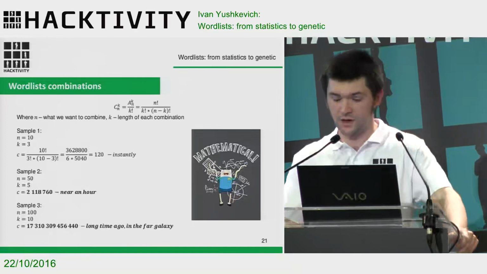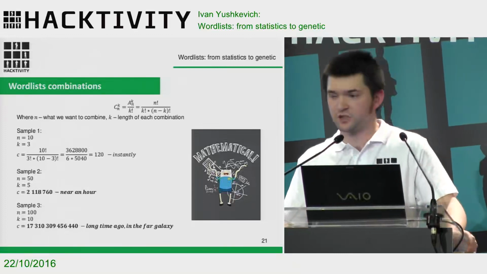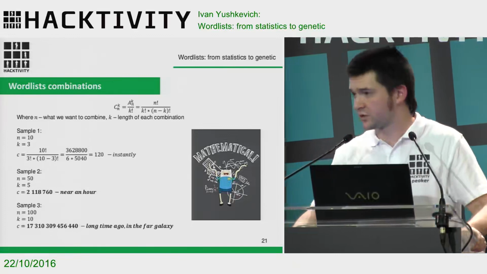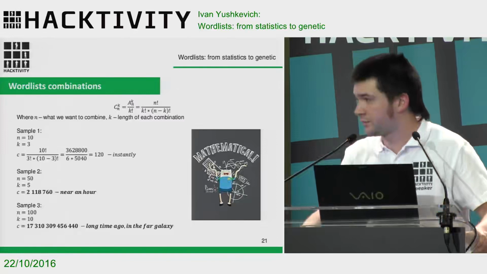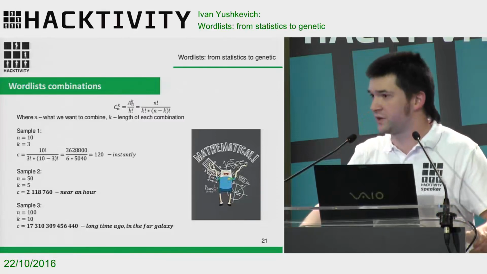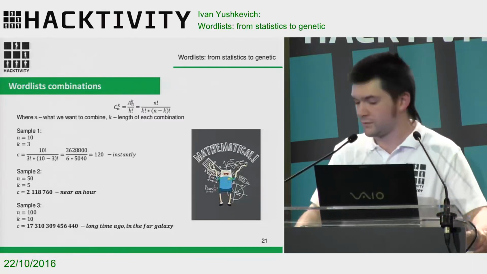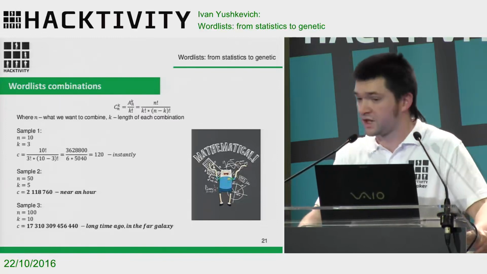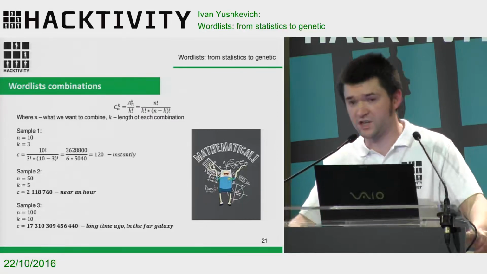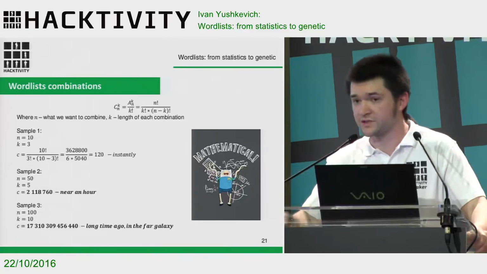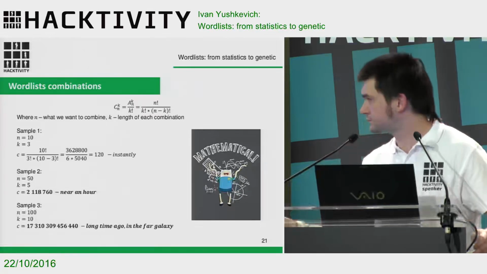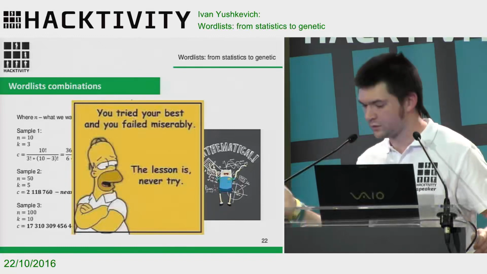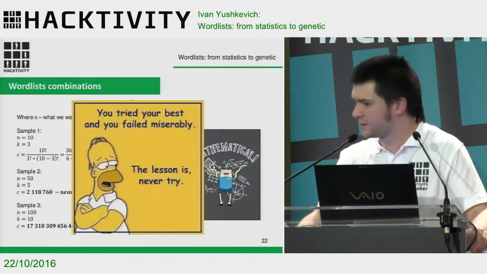If we have, for example, 10 dictionaries and try to make each combination which contains only 3 of them, there will be no problem. Even if you have 50 dictionaries and try to make combinations of 5 of them, we can do it in an hour. But if we increase the number of dictionaries or the length of the combinations, the time we need for calculation will increase very fast. So it's not an answer.